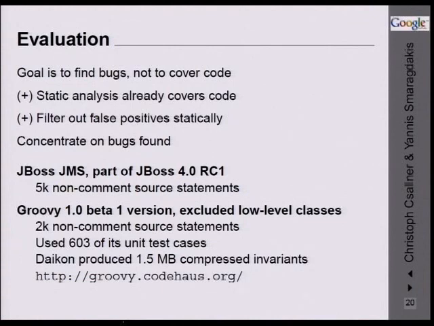Okay, and we evaluated our tool on 2 third-party applications. The first is a JMS component of JBoss, an open source application server. We used the 4.0 release candidate 1 version, and that part consists of 5,000 non-commented source statements. The second test subject is Groovy 1.0 beta 1 version, where we excluded some low-level classes, and the resulting classes are 2,000 non-commented source statements.